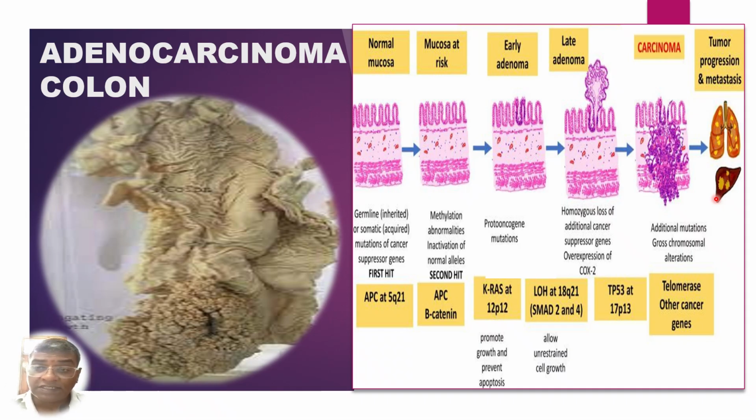And the metastasis is more common to liver, followed by ovaries in females. When this carcinoma spreads to the ovaries in females, it is called Krukenberg tumor and it will give a signet ring appearance.